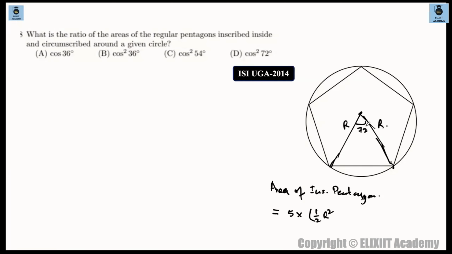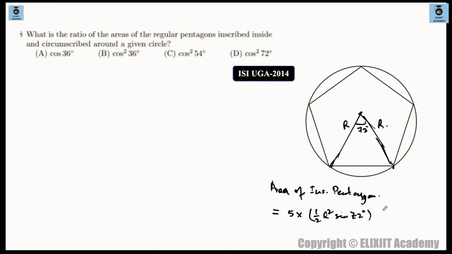Each of these triangles will have, pentagon है तो 72 होगा, so each of these will have 72 angles, so angle at the center will be 72, तो half r² sin of 72 degrees, half BC sin है तो half r² sin of 72 degrees. ठीक है.